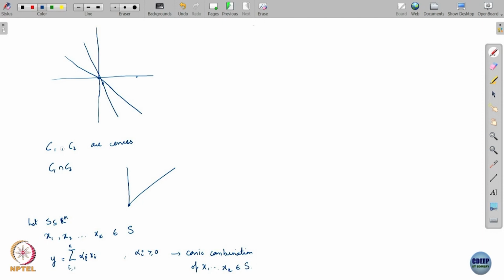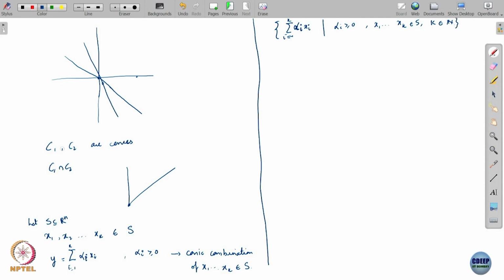Okay. Now, if I take the set of all conic combinations, that means a set like this: summation alpha I x I running from 1 till k, alphas greater than or equal to 0, x1 till xk belong to S, and k is any natural number, right.